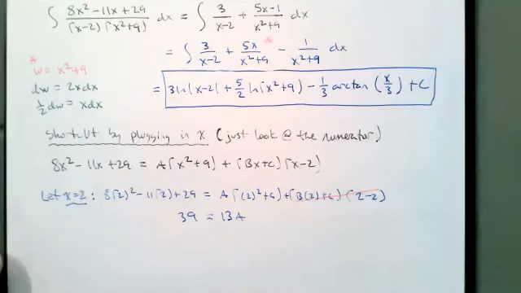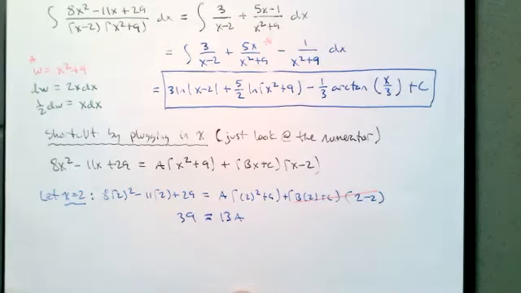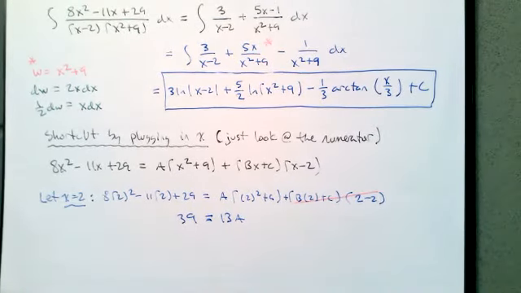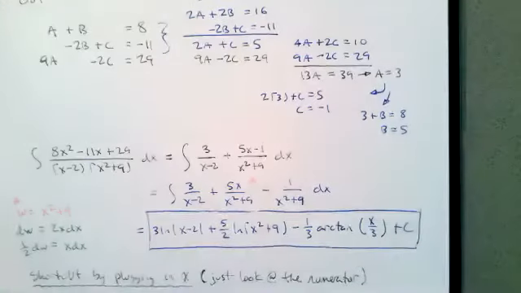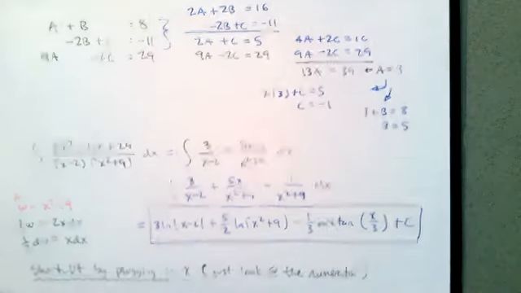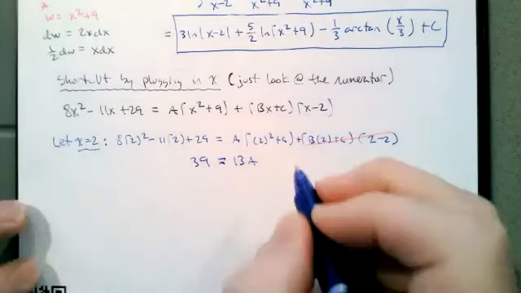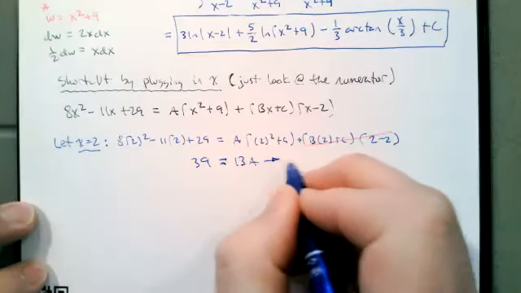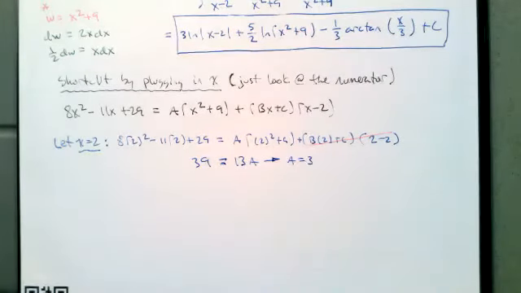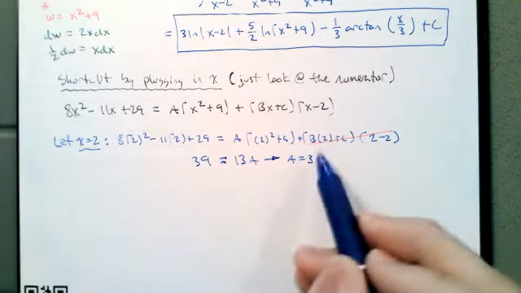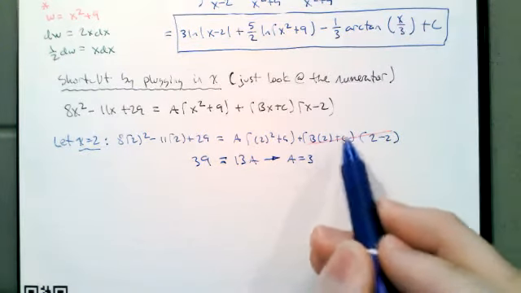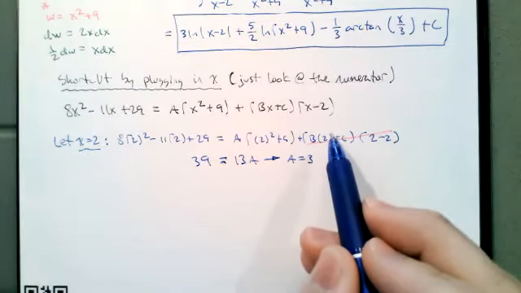I'm really fast at arithmetic when I know what the answer is going to be. And so this gives us a is equal to 3. Now, by choosing a very convenient value of 2, it wipes out 2 of the things that we're looking for. It takes out the factor with 2 of the things that we're looking for.